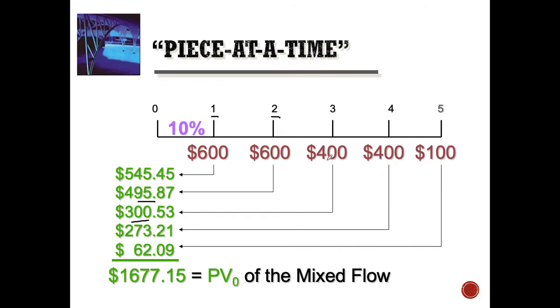And this one is 400 per 1 plus 10% to the power of 3. And the total is $1,677.15 here. This is the present value of the mixed flow.